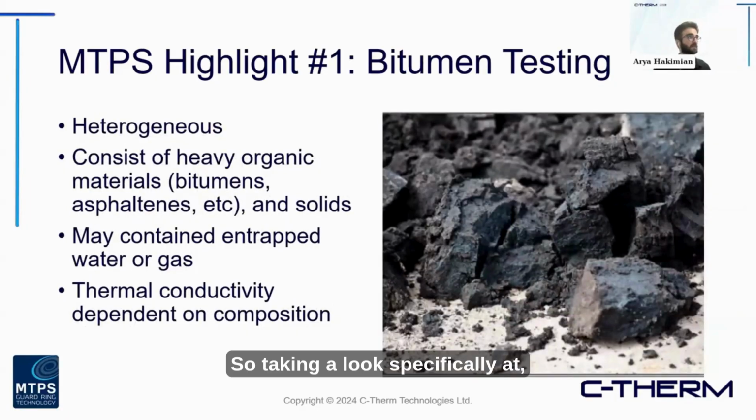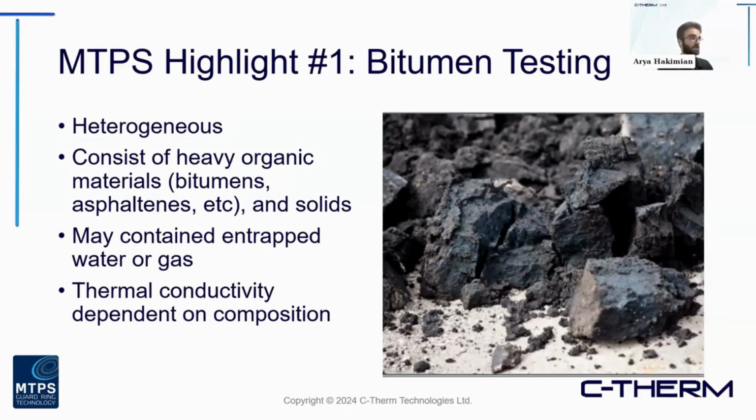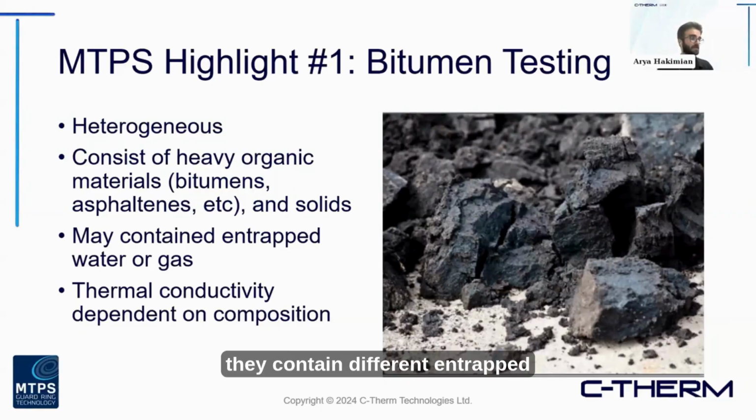Taking a look specifically at the bitumen sample itself, these are typically very heterogeneous materials. They have a range of constituent components, but ultimately they contain different entrapped materials, water, gases, things of that sort.